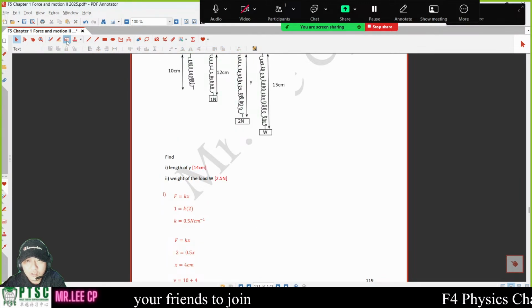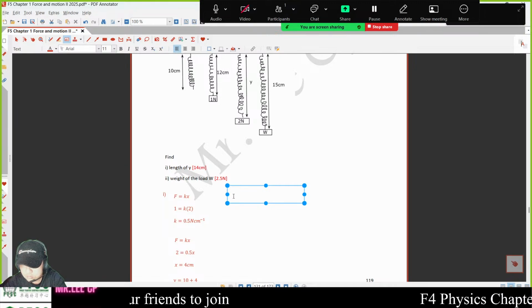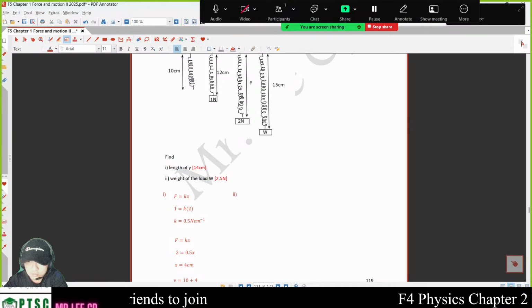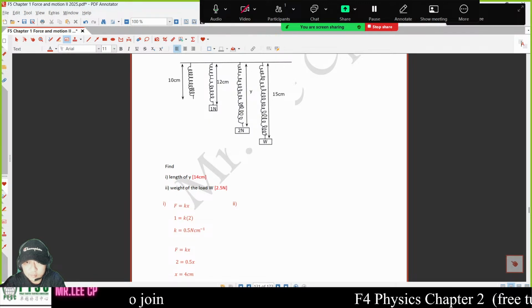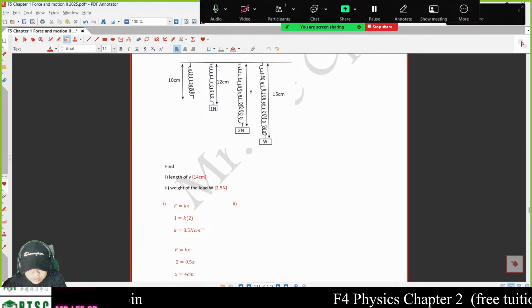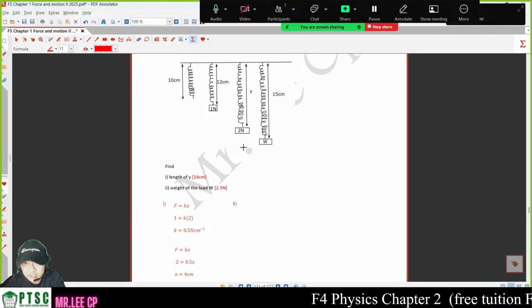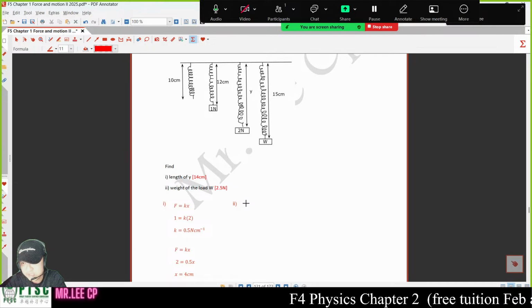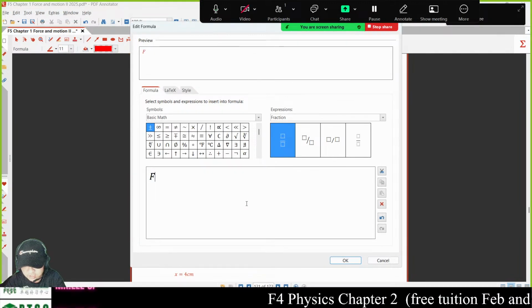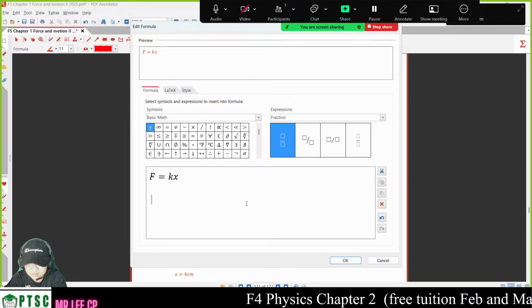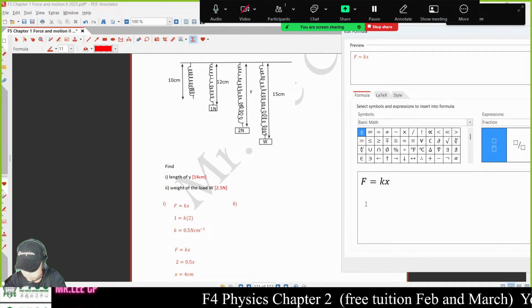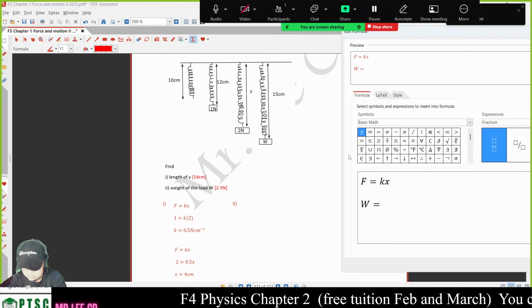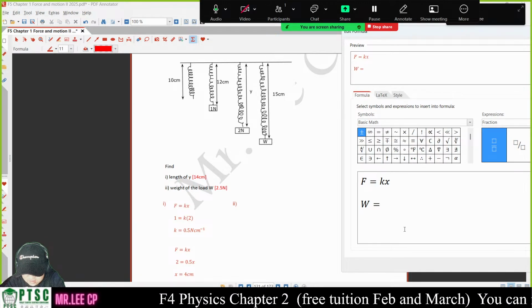So number 2. This one should be easy for you. I already got the K, so I don't need to recalculate the K again. F is Kx. F is the weight that I don't know, W. K is 0.5.